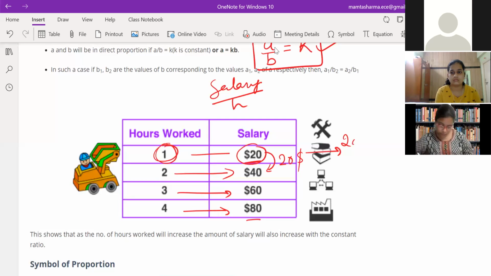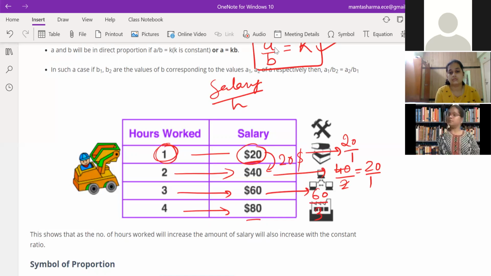Here the salary is $20, hour is 1, so the ratio is 20 by 1. In the second case, salary is $40 and hour is 2, the ratio is 20 by 1. In the third case, salary is $60, hour is 3, it is 20 by 1 only. Similarly, 80 by 4 is 20 by 1 only.